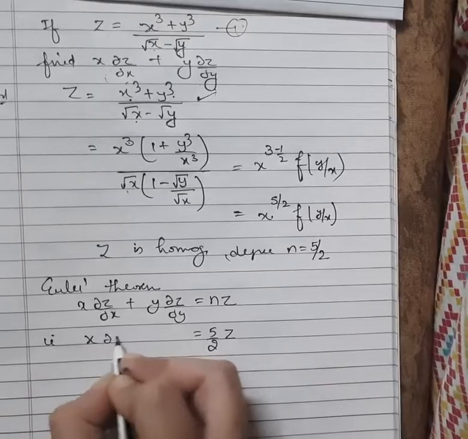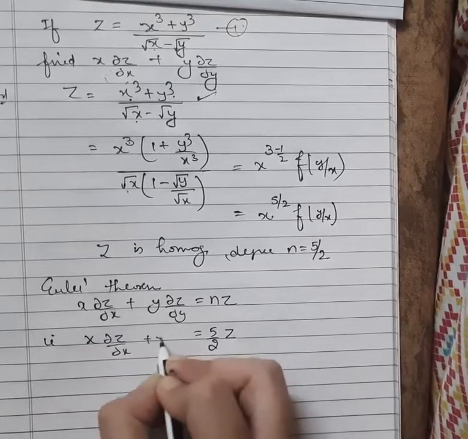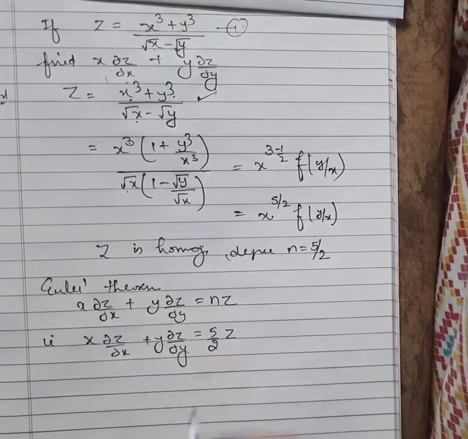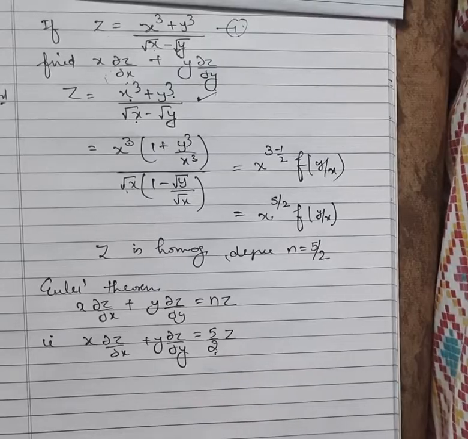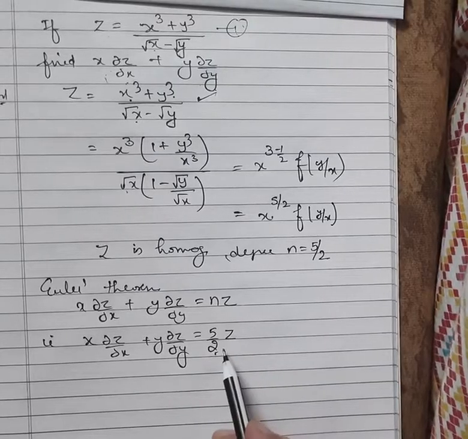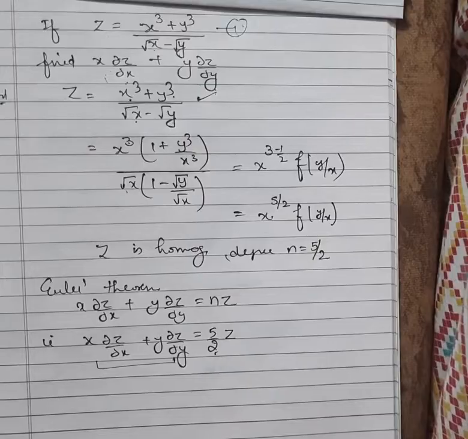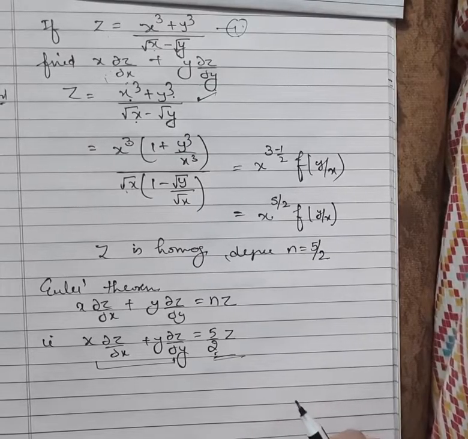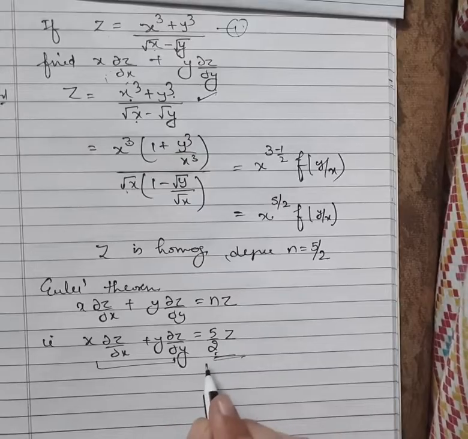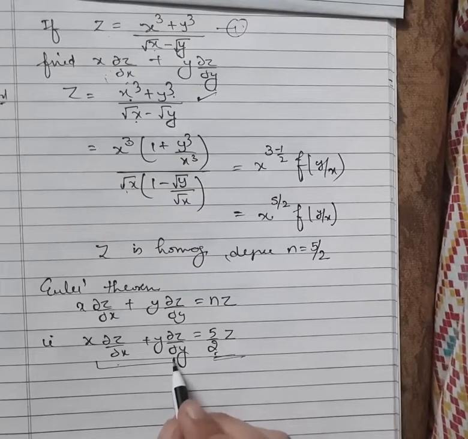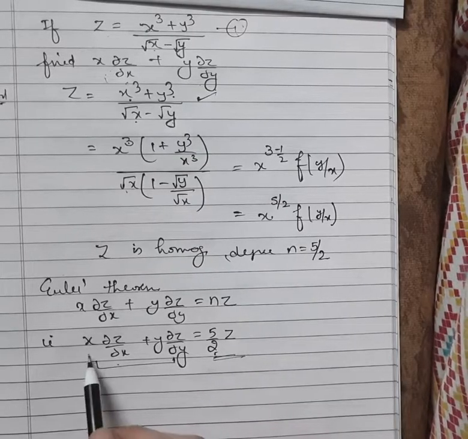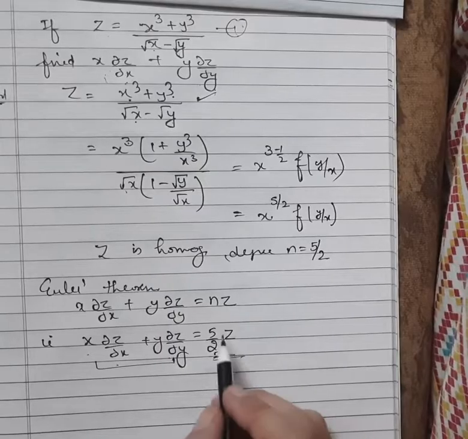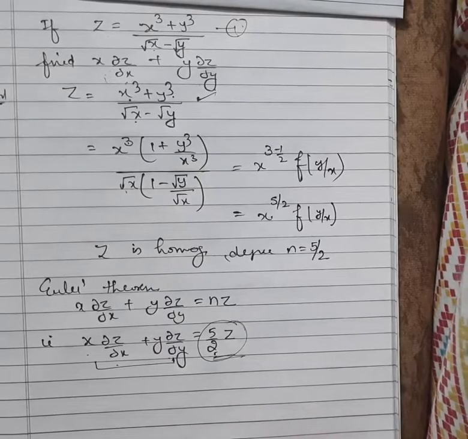That is, x curl z by curl x plus y times curl z by curl y is equals to 5 by 2 times z. So I got my answer. They were simply asking for its value, and I got my answer that it is going to be 5 by 2 z. And you can also cross verify this answer by first solving the differentiation, putting the value in this equation, and you will see you are ultimately going to have this answer only.